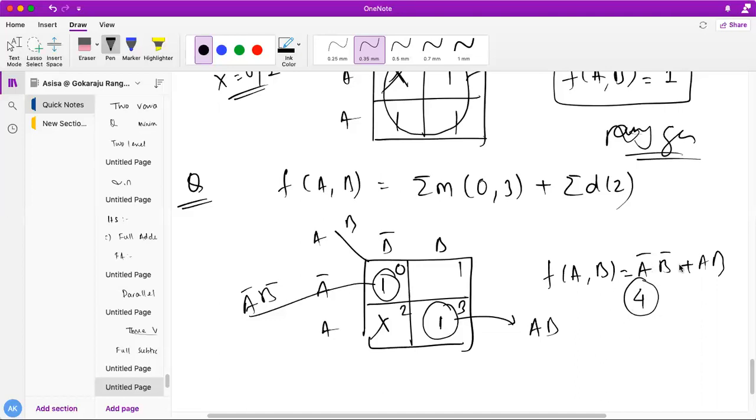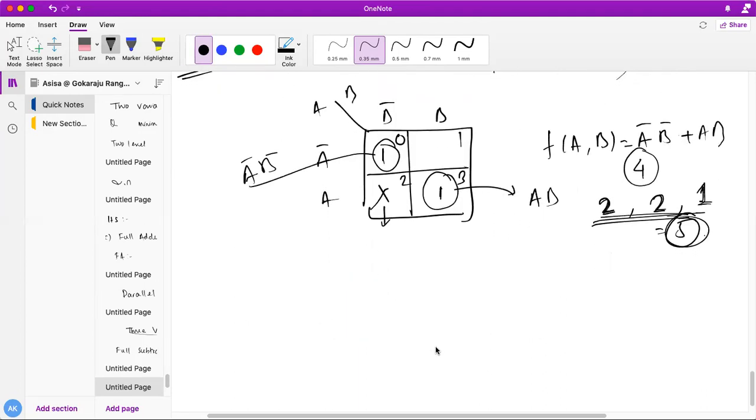I require 2 NOT gates, 2 AND gates and 1 OR gate, so a total of 5 gates to design this circuit. If I'm not considering the don't care, or considering it as 0, I get the same: 4 literals, 2 NOT gates, 2 AND gates, 1 OR gate, so totally 5 gates. So see here what is happening now.